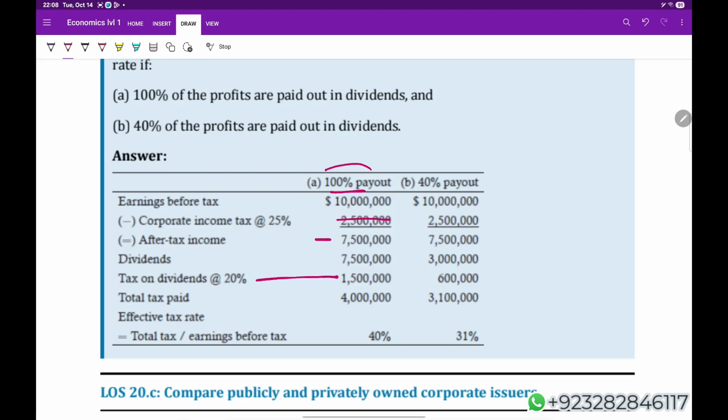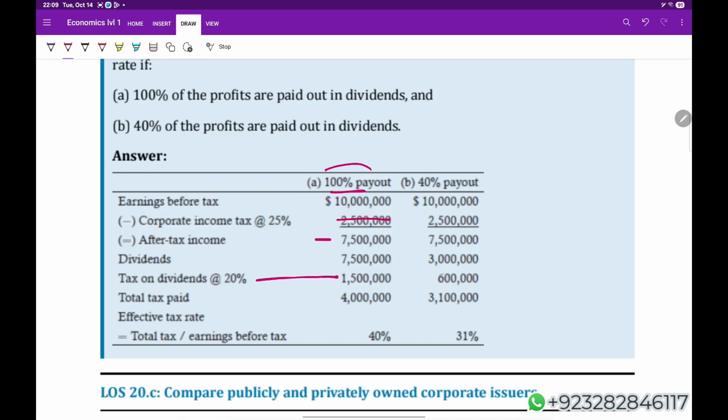at 20%. That means the tax is being levied at two levels, or the governments are applying taxes on already taxed profit, on already taxed income or taxed money.